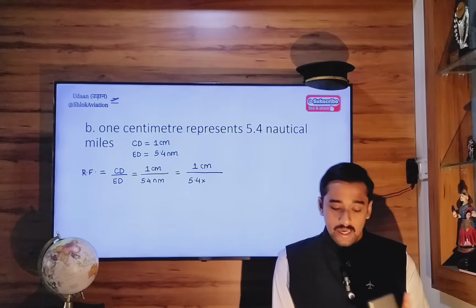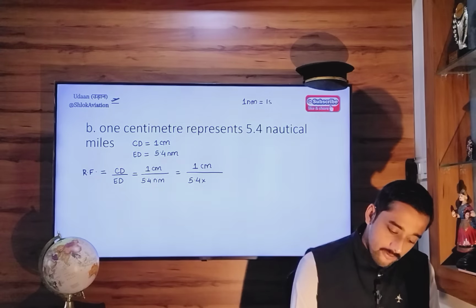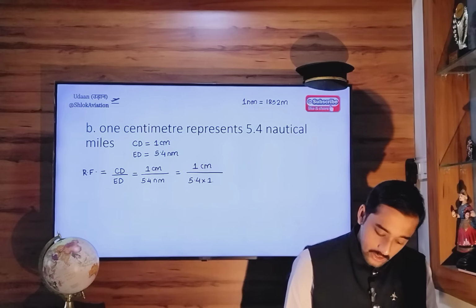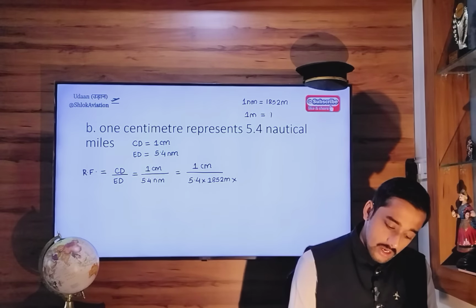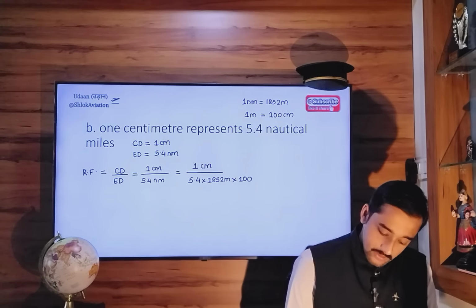1 nautical mile is equal to 1852 meters. So let's multiply this by 1852 meter. And now 1 meter is equal to 100 centimeters, so multiply this by 100.